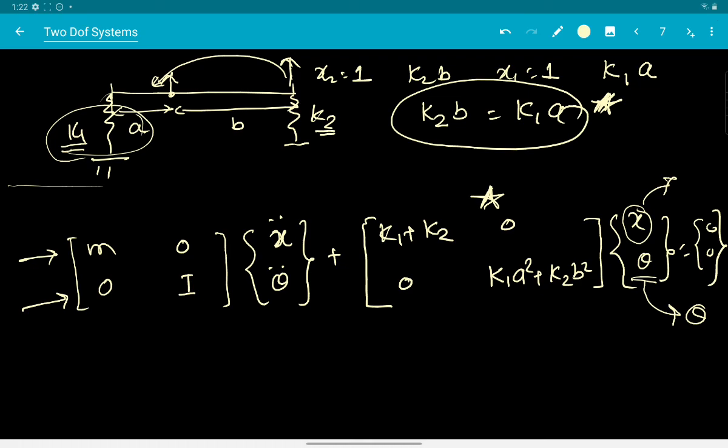Okay, there will not be any inertial coupling as well. There is no coupling in the displacement level as well as at the acceleration level. Neither acceleration is coupled nor displacements are coupled. So there is no static coupling, there is no dynamic coupling.